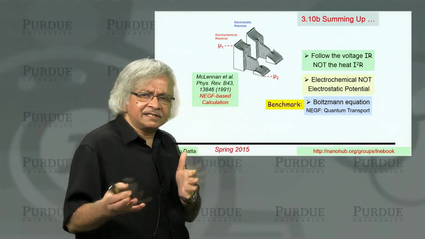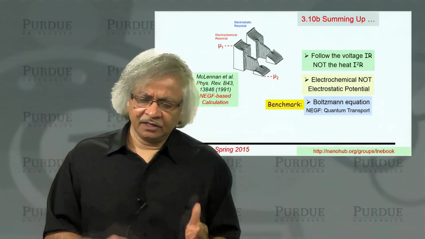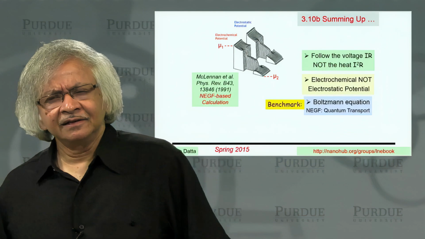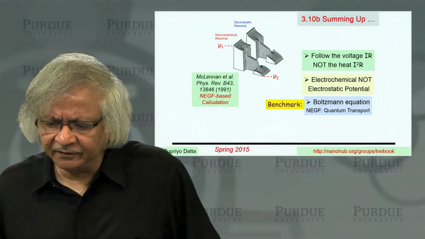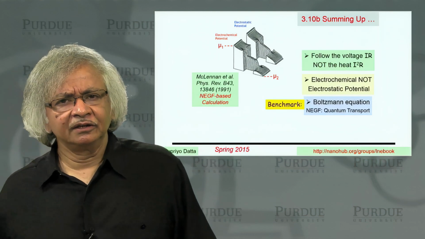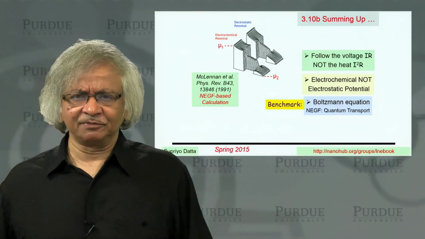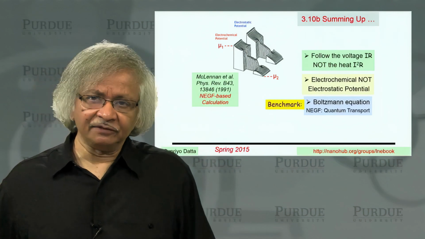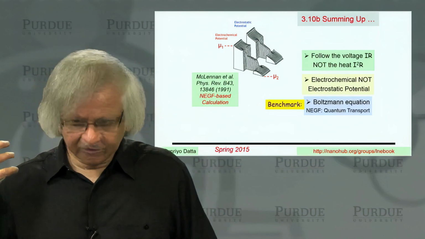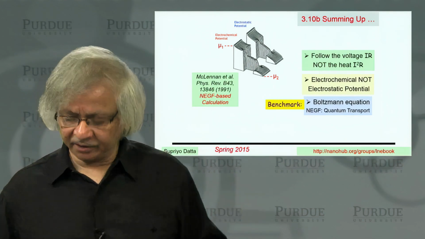These are the things that you use to benchmark. And the question I often get is, okay, we have a nice direct way of calculating things, so why bother with approximate concepts like electrochemical potentials or quasi-Fermi levels? Why not just calculate things rigorously and then look at it?